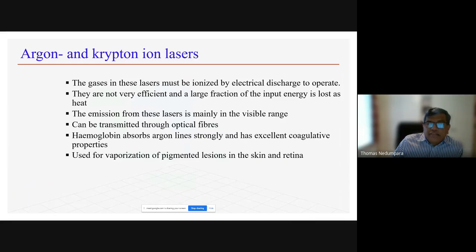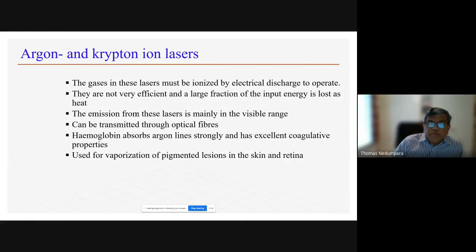Another gas laser is the argon and krypton ion lasers. These lasers need to be ionized to produce the laser light. They are not very efficient and therefore not much used. The advantage is they can be transmitted through optical fibers.